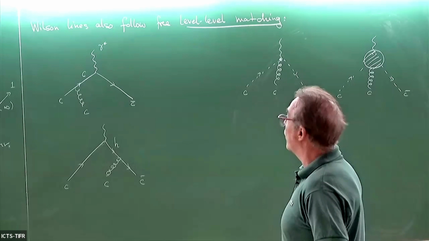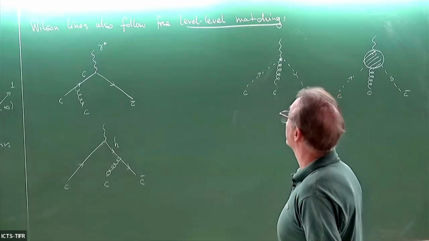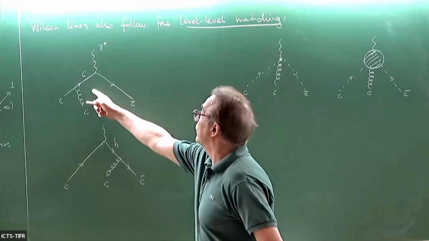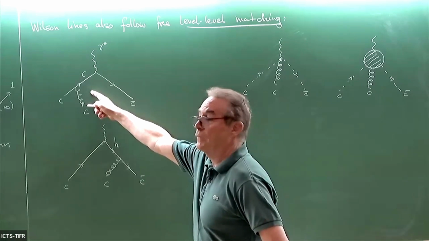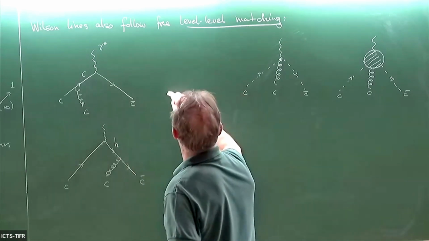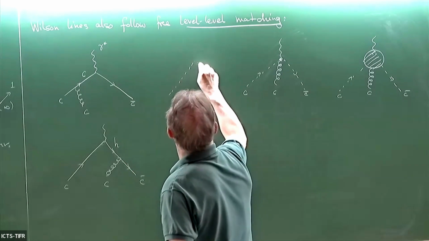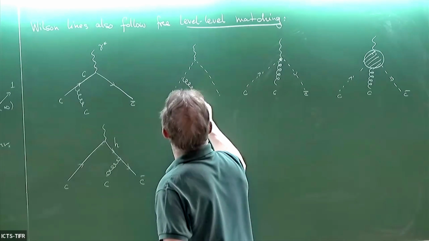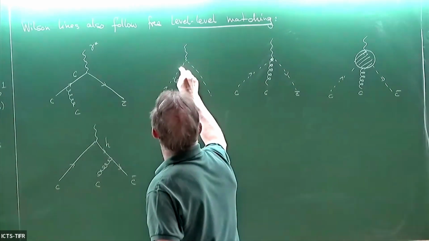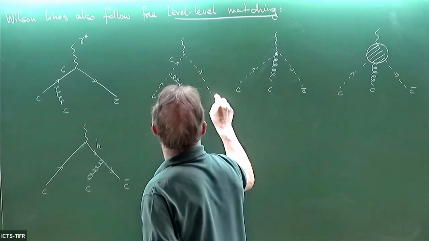Now, going to the effective theory, what is the corresponding diagram for this guy? It will look just the same. It's simply this: collinear quark, anticollinear quark.